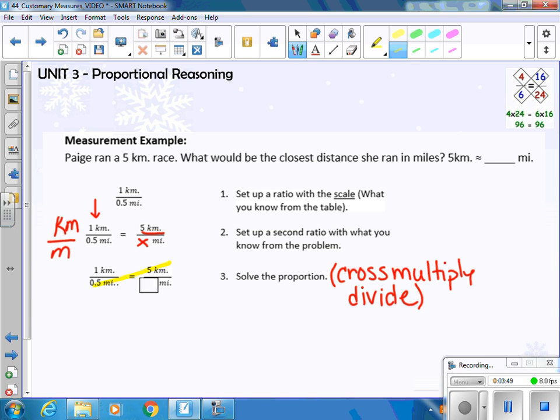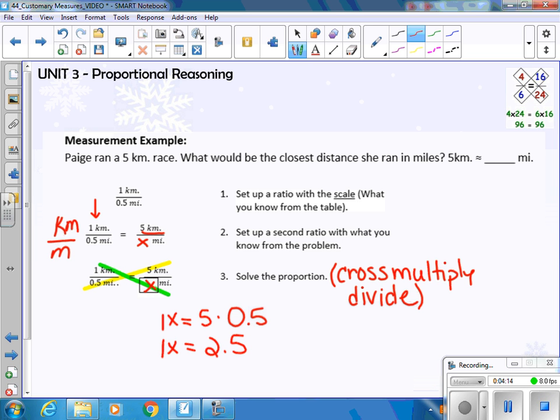I'm going to multiply 5 times 0.5, and then I'm going to multiply 1 times my x. When I multiply 1 times x, I get 1x. And then I multiply 5 times 0.5, or half of 5.